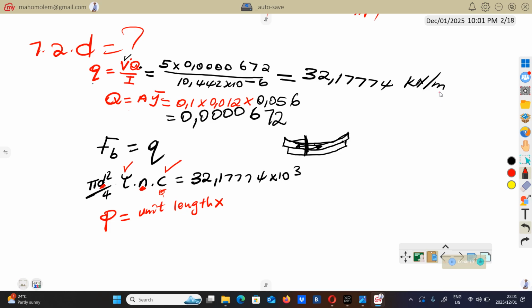Remember here we have per meter, for 1 meter length. So this is the shear flow for 1 meter length. So multiply by the number of rows, all over n. So this is the total number of bolts per meter length.